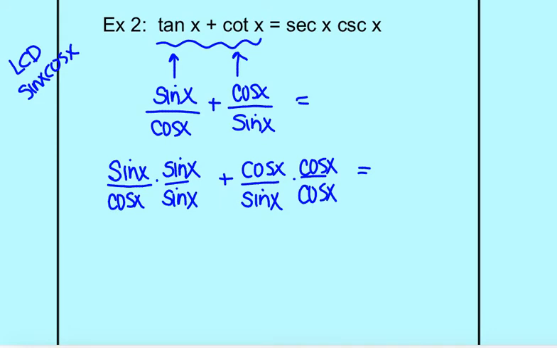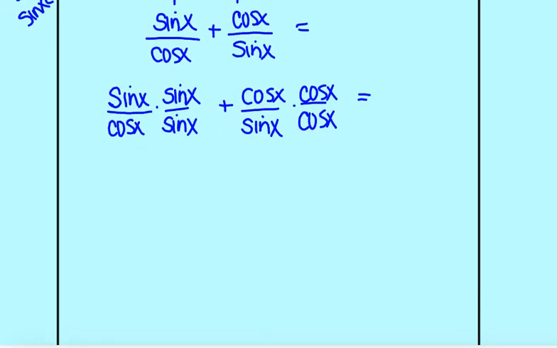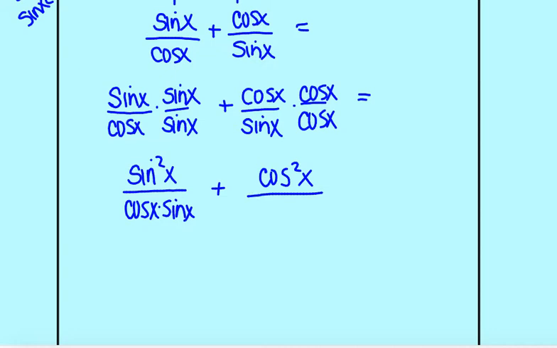All right, so now let's simplify that. So when I multiply fractions, I multiply across. So the sine of x times the sine of x is sine squared of x over, and then I have the cosine of x, sine of x, plus multiply across, cosine of x times cosine of x is cosine squared of x.